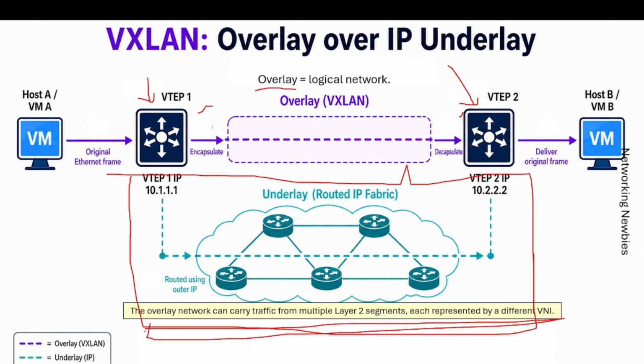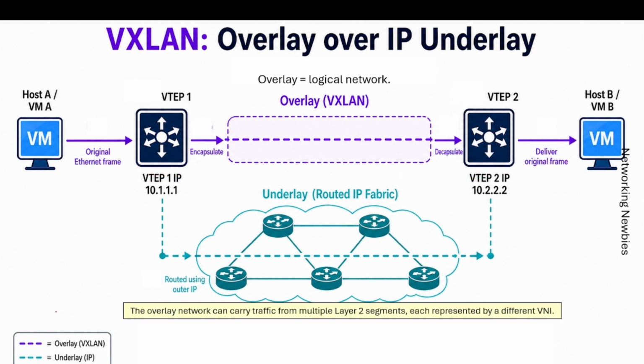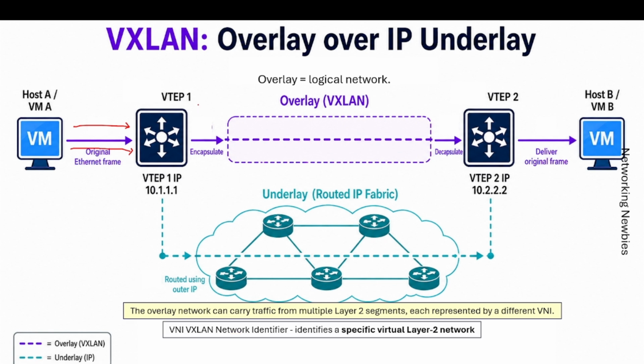So the overlay network can carry traffic from multiple virtual LANs, let's say multiple layer 2 segments, and every layer 2 segment will be represented by a VNI, and that VNI stands for VXLAN network identifier.